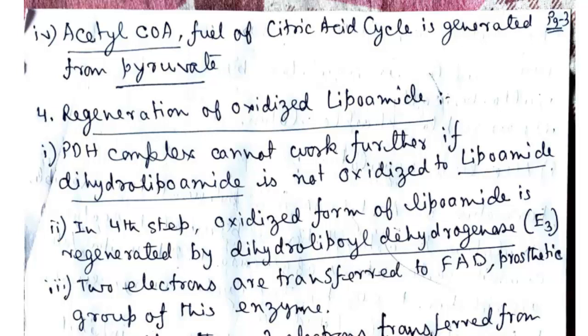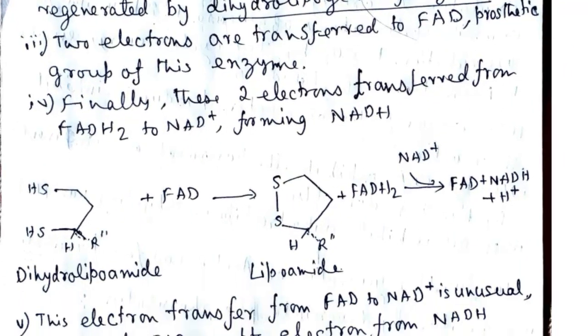Now this dihydrolipoamide should be regenerated or converted to oxidized lipoamide so that again the pyruvate dehydrogenase complex can function. And in this fourth step, this oxidized form of lipoamide is regenerated by dihydrolipoyl dehydrogenase. Here 2 electrons are first transferred from dihydrolipoamide to FAD, and finally FAD transfers those 2 electrons to NAD plus to form FAD and NADH plus H plus.